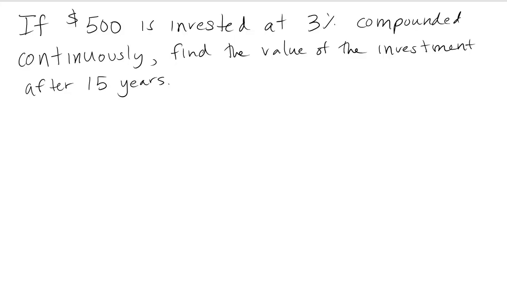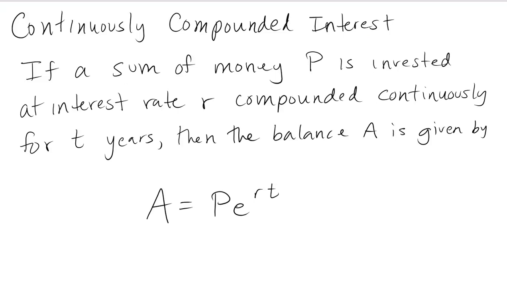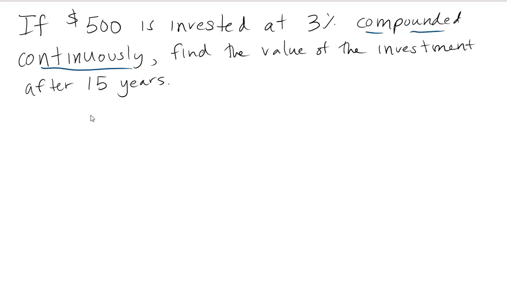If the interest is compounded a finite number of times, 1 time per year, 2 times per year, 4, 12, 365, then you use the formula with the n in it, because that's the number of compounding periods per year. But if the interest is compounded continuously, you want to use this new formula, which I sometimes call the PERT formula, because the symbols in the formula spell the word PERT. So we're going to use the PERT formula here.